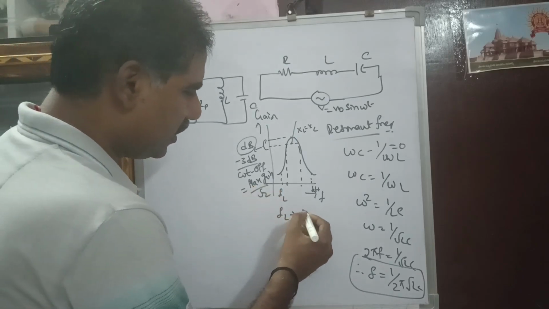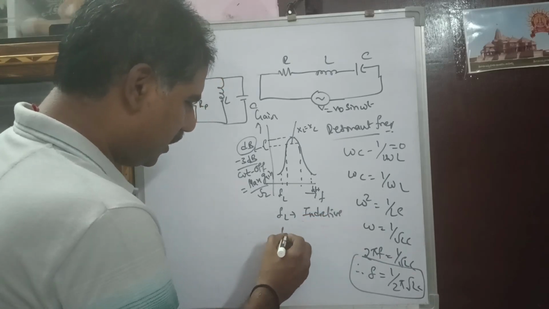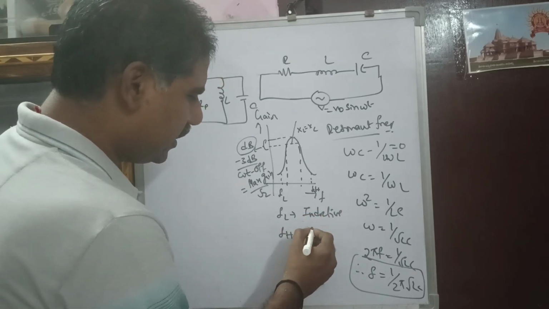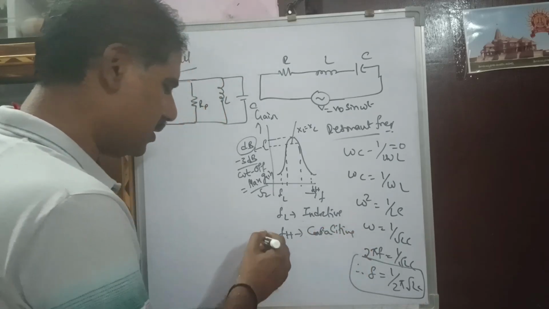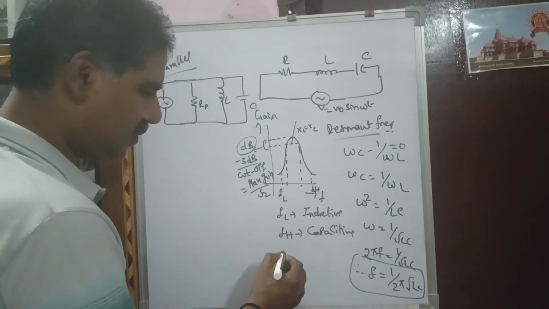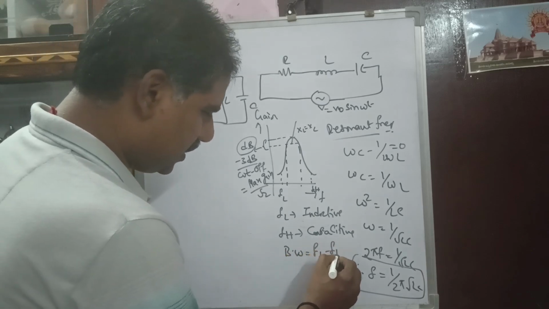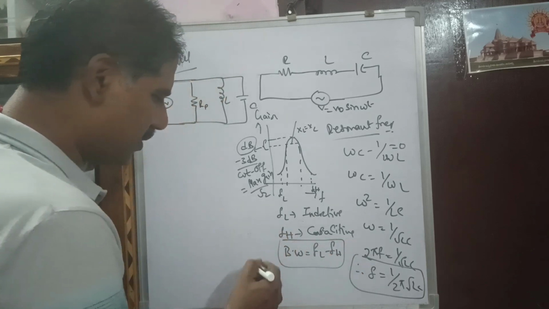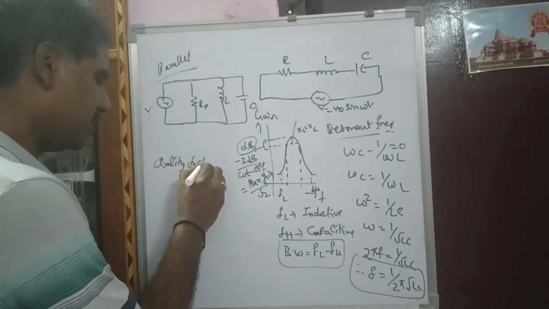Before FL, it acts as inductive. After FH, it acts as capacitive. The bandwidth can be determined as FH minus FL. It depends upon two factors, quality factor and bandwidth.